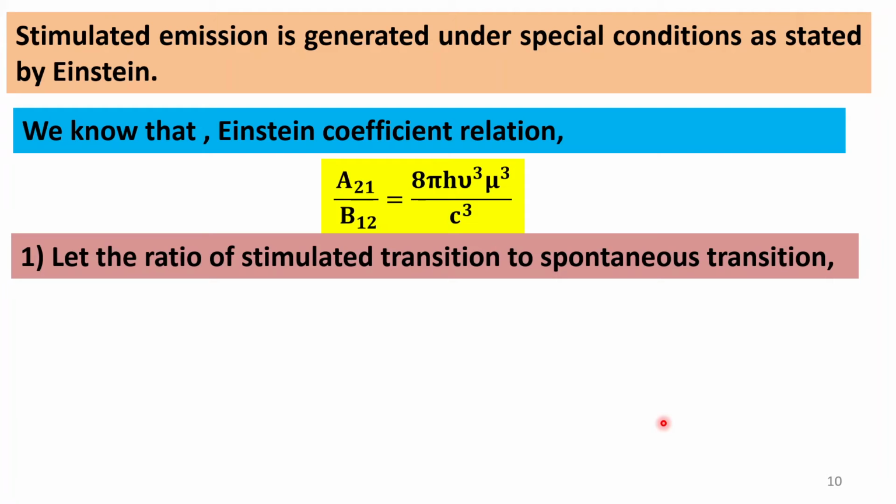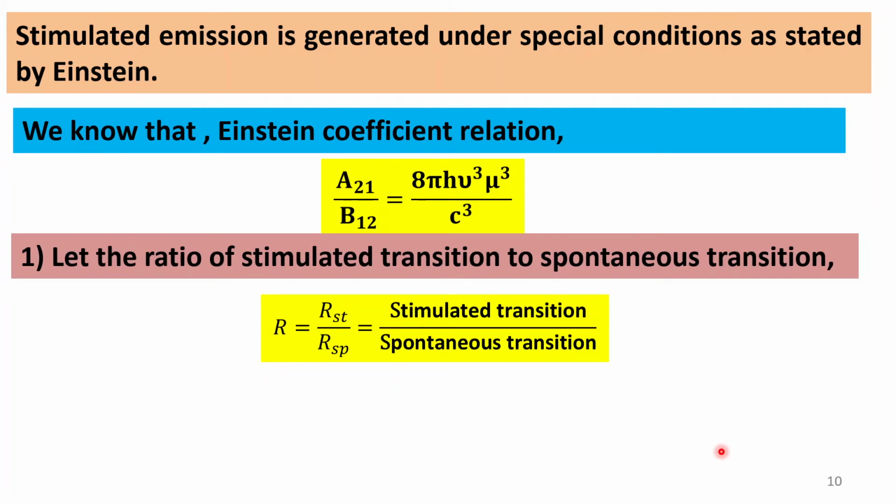Now here we are going to consider two conditions. The first one: let R be the ratio of the stimulated transition to the spontaneous transition.